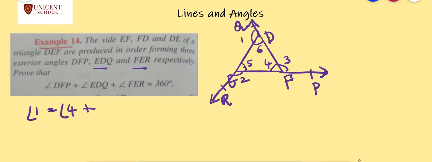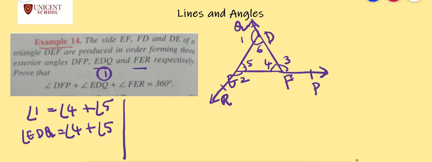So angle 4 plus angle 5. Right. So angle 1 is also equal to, according to the question, EDQ. So this part we got for the first. So angle EDQ is equal to angle 4 plus angle 5.